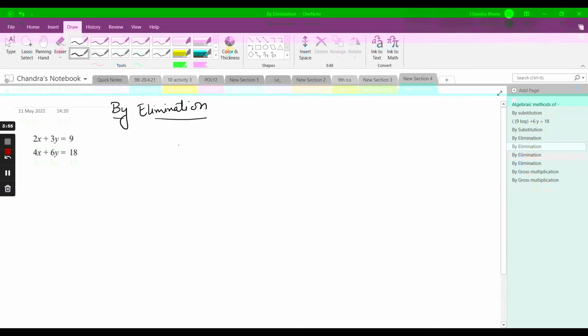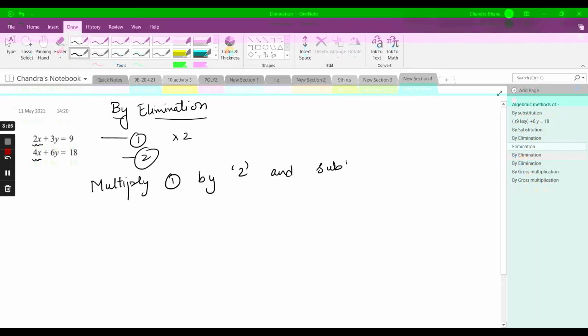Now let's discuss another question. Again I have two equations here and I need to make the coefficient of any one variable the same. Now look here, in the first equation this is 2x and this is 4x. So what can I do? I can multiply my first equation by 2 and then I can do subtraction. So what is my operation that I am going to do? Multiply 1 by 2 and subtract 2 from it.